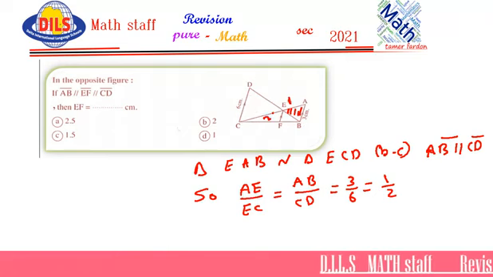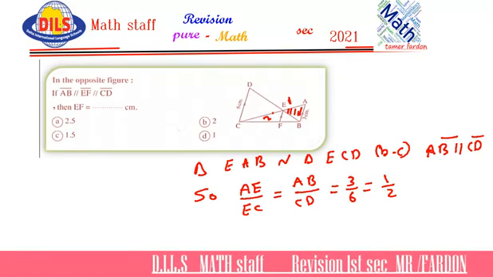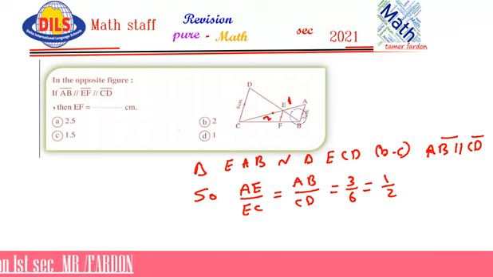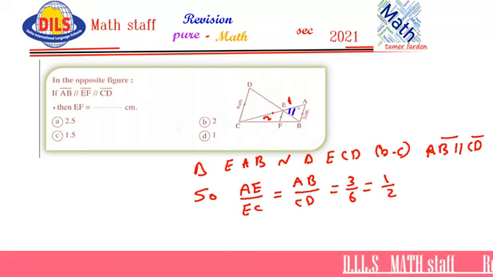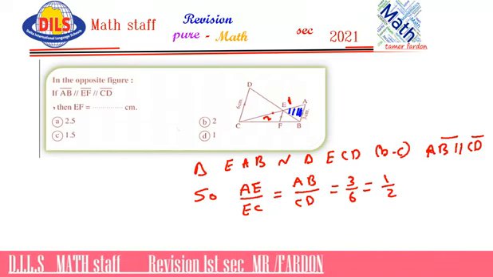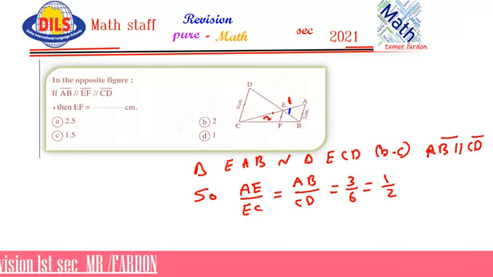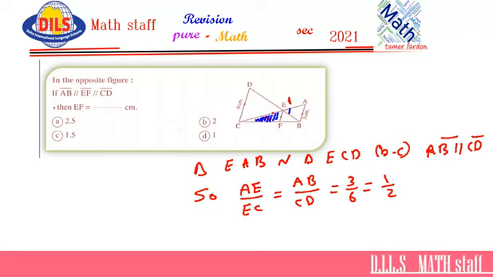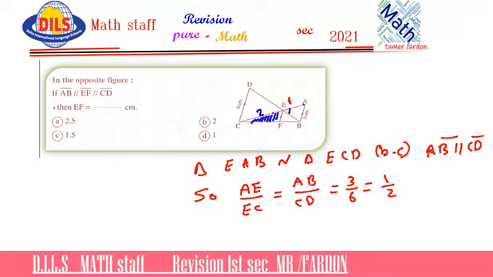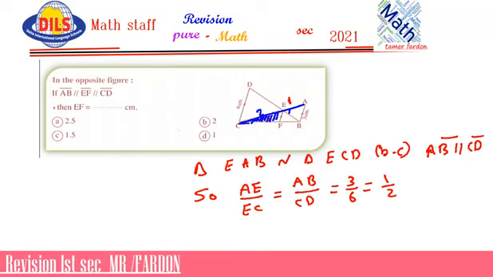Now we will use another two triangles: EFC and the great triangle ACB are similar.